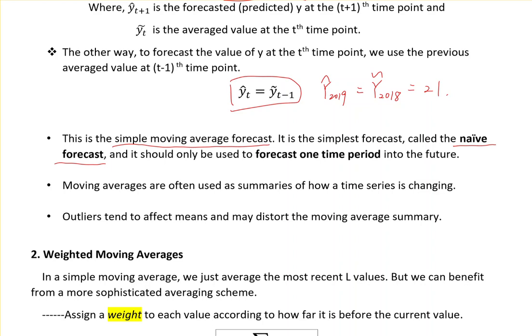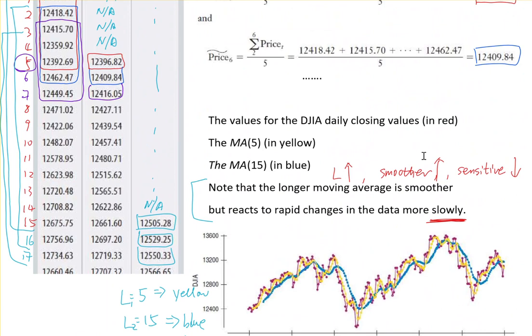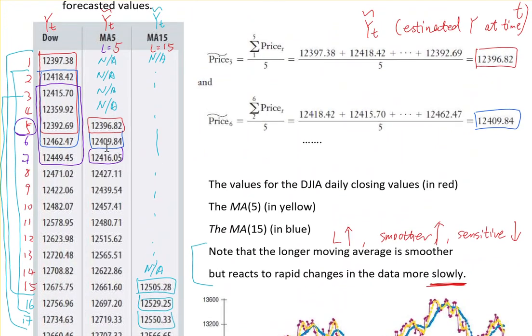That means when we calculate the estimated value, we are assuming that, for example, L equals 5, that means every observation in these 5 has the same contribution for the prediction, because we are taking the averages, right?